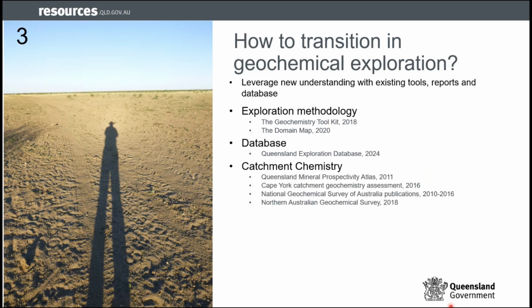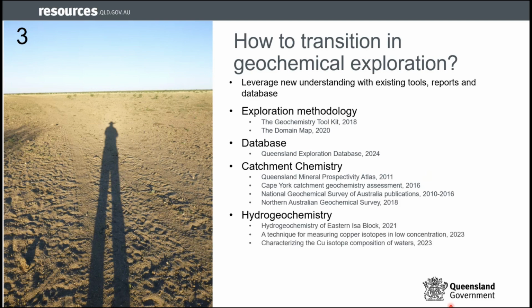The third one, it's a catchment chemistry, and we have done a lot of work on this catchment chemistry through both Geoscience Australia, through GSQ alone, and also a combined work between us. The fourth one is the hydrogeochemistry, and these are all the reports that has been released, and there are 3 reports released using this hydrogeochemistry as targeting tool, and hydrogeochemistry using the isotopes. And finally, the geology, the overall geology, this is an old report, but it's still valid until today.